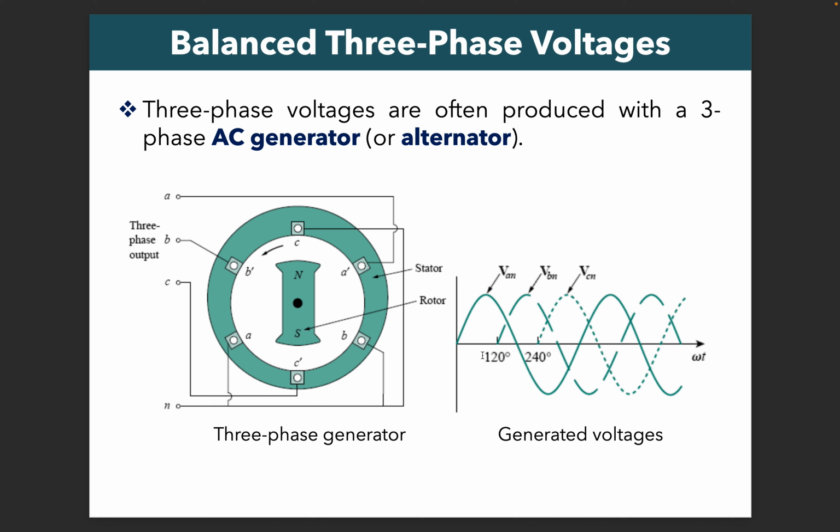each phase voltage is leading the previous one by a phase angle of 120 degrees. So this first phase voltage to neutral, VAN, meaning the voltage of phase A to neutral, has a phase angle of 0 degrees, the second one has a phase angle of 120, and the third one has a phase angle of 240.